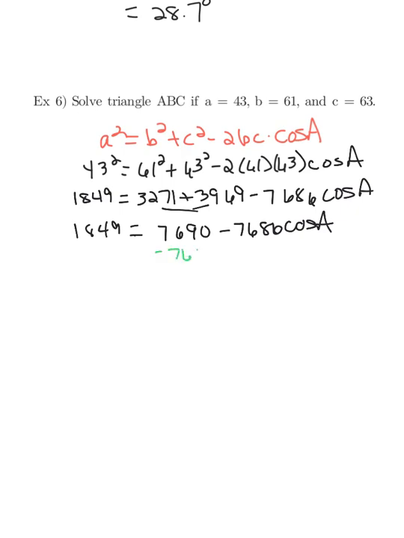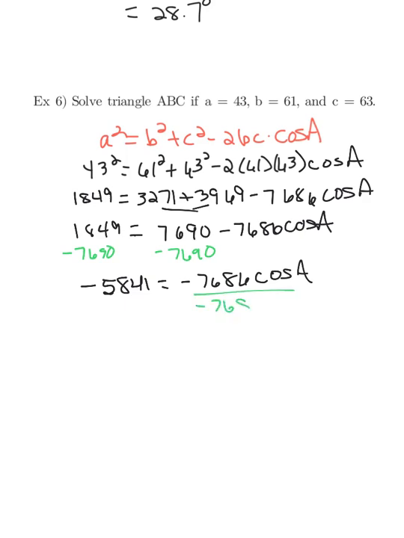Subtract 7690 on both sides. You will get negative 5841 equals negative 7686 times the cosine of A. Divide by the negative 7686.